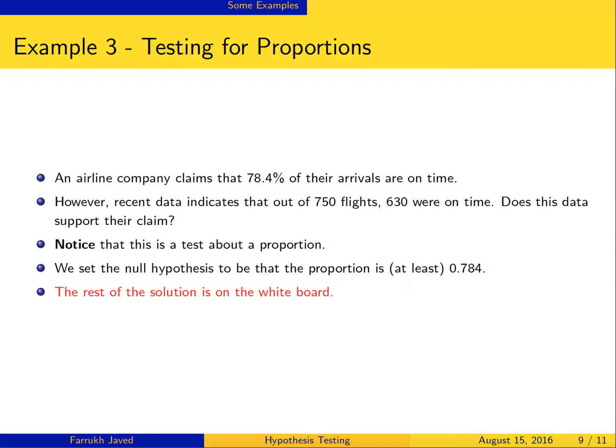In this example, small n is 750, and out of 750, 630 flights were on time, so 630 was our success. We divide 630 flights that were on time by 750, the total number of flights, and we get a proportion. This will be P hat, because we are dealing with samples. And we also know the actual P from the population, which was 78.4%, right?